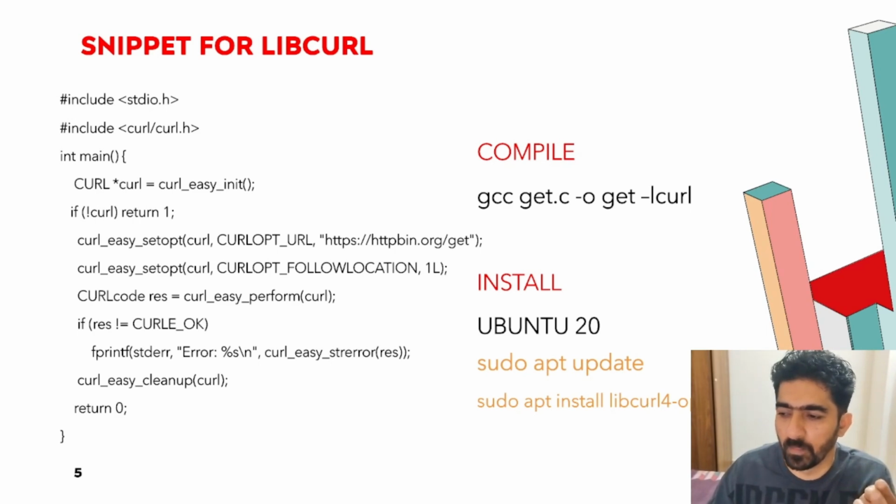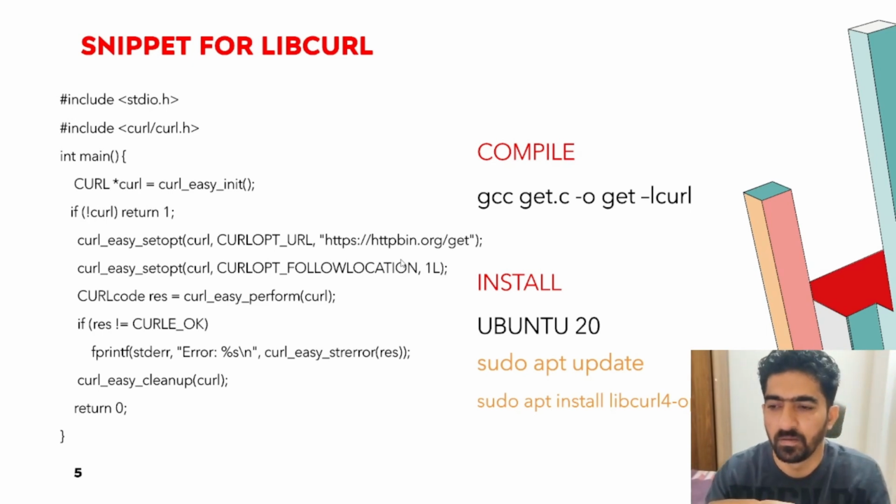So if you install this dev package, then you will get the curl.h file in the include folder of your Ubuntu or Linux. Okay, so after that, it will compile this program and it will send the request to your web server and it will get the response.